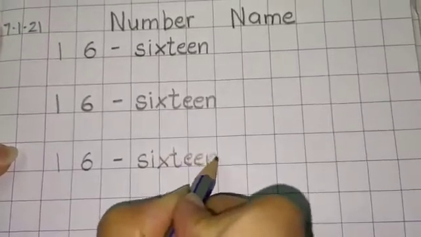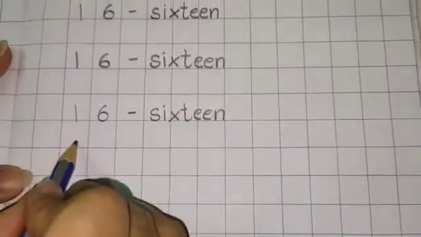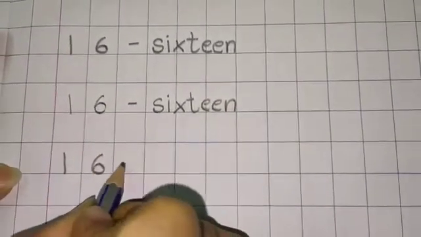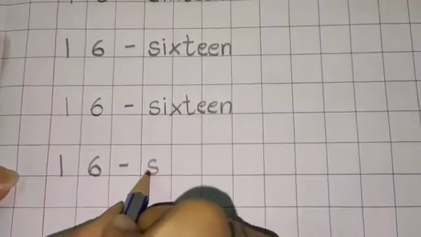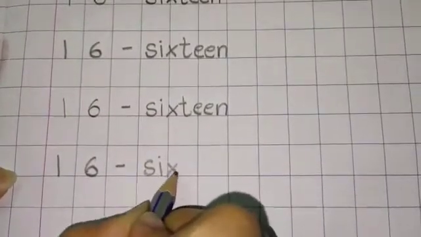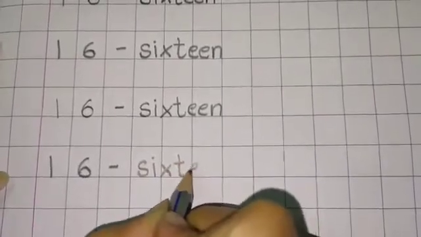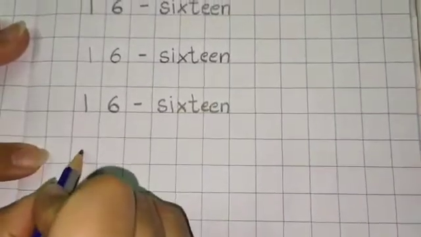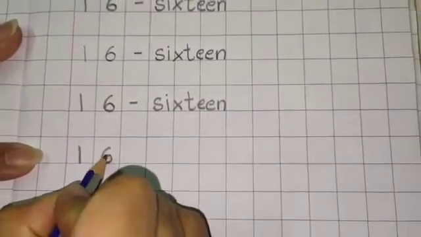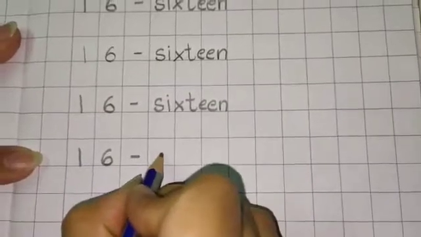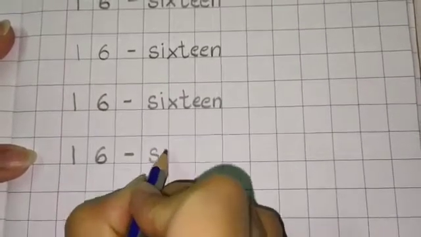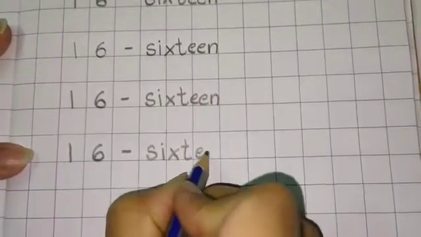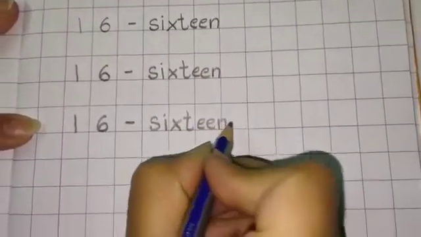Leave one line again. 1 6, 16, dash, S I X T E N, 16. Again we will write 1 6, 16, make a dash and we'll write 16, S I X T E N, 16.